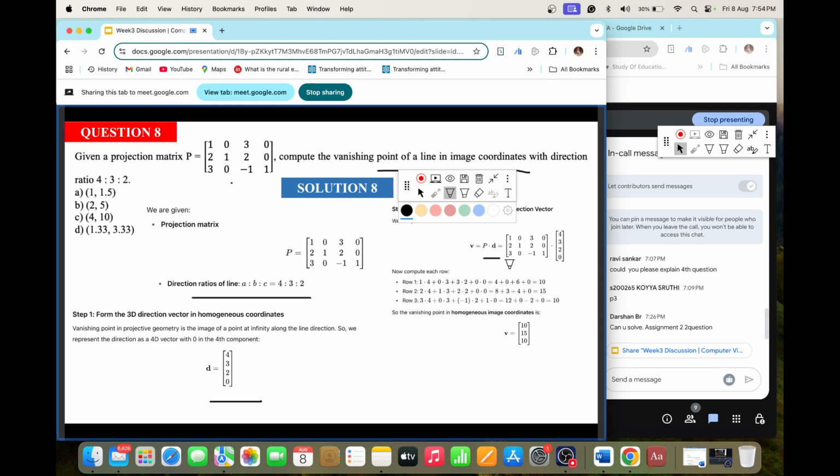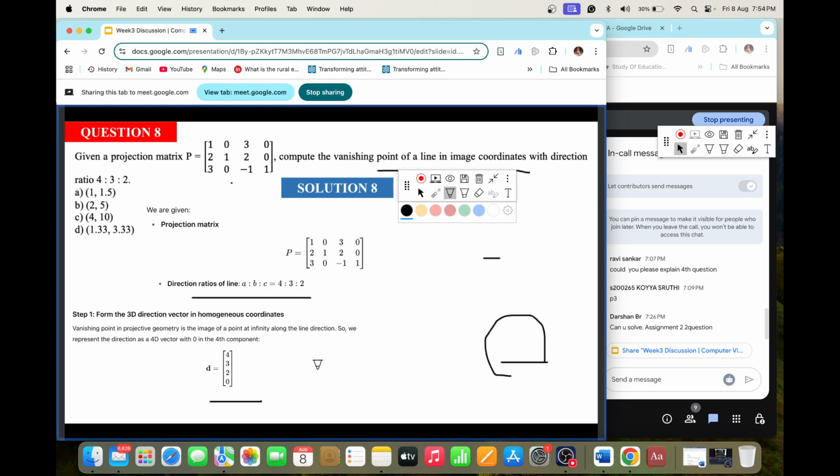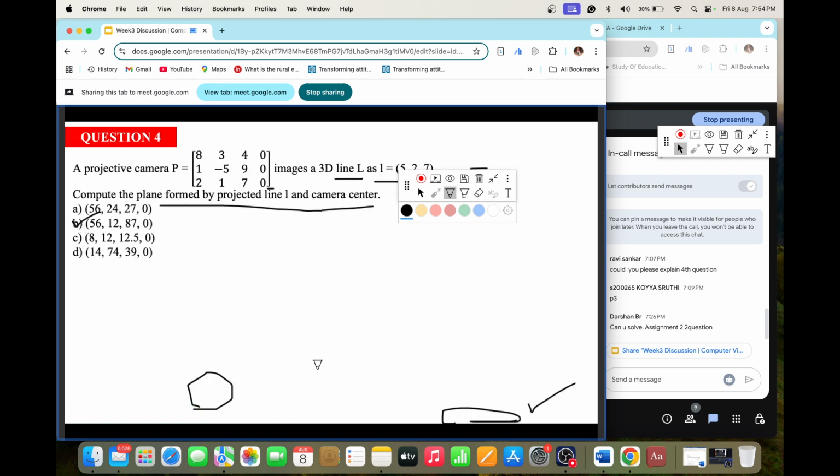So just do P into D and you will be getting the vanishing point in homogeneous coordinates. This is actually 3 cross 4 and this is 4 cross 1, so you will be getting 3 cross 1. This is the same question, you can just solve it like this.